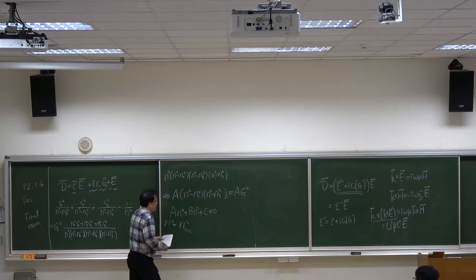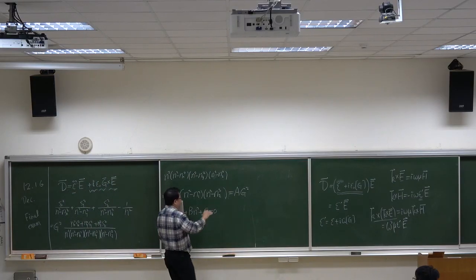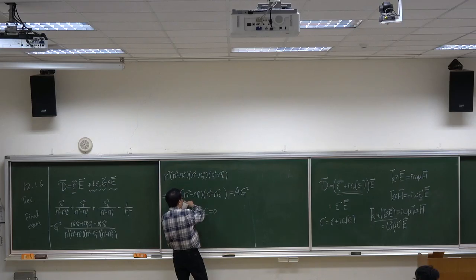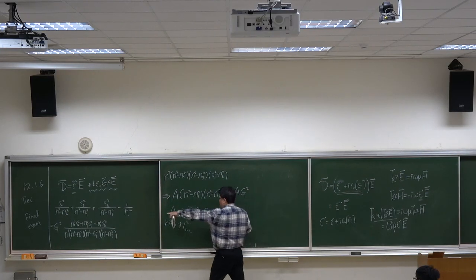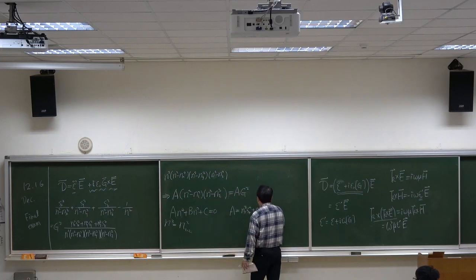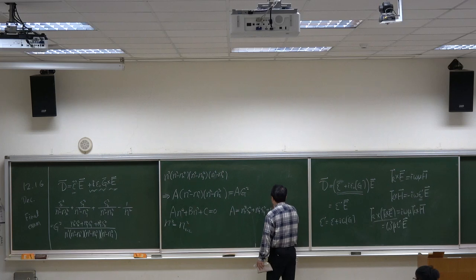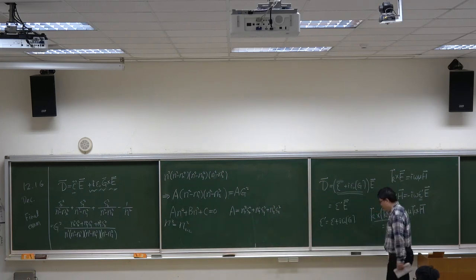Okay, and then we turn on this optical activity term, and we can find that the result is just this one. Here A is nothing but this: nx squared sx squared plus ny squared sy squared plus nz squared sz squared. A is just this coefficient.